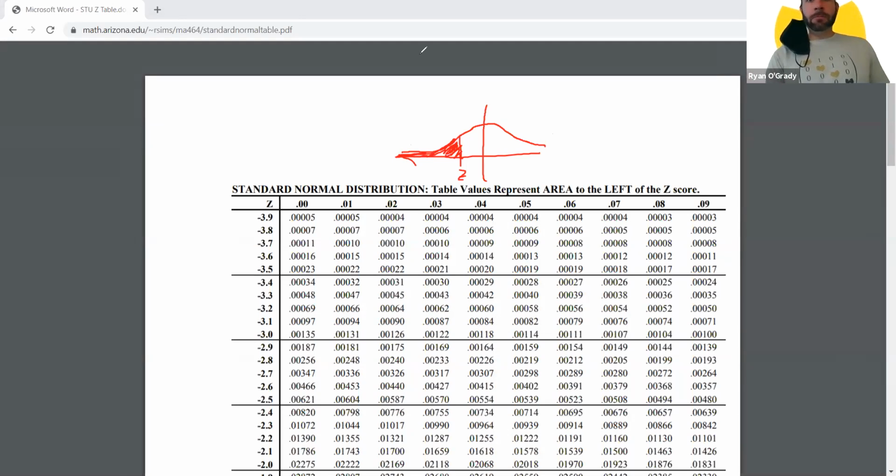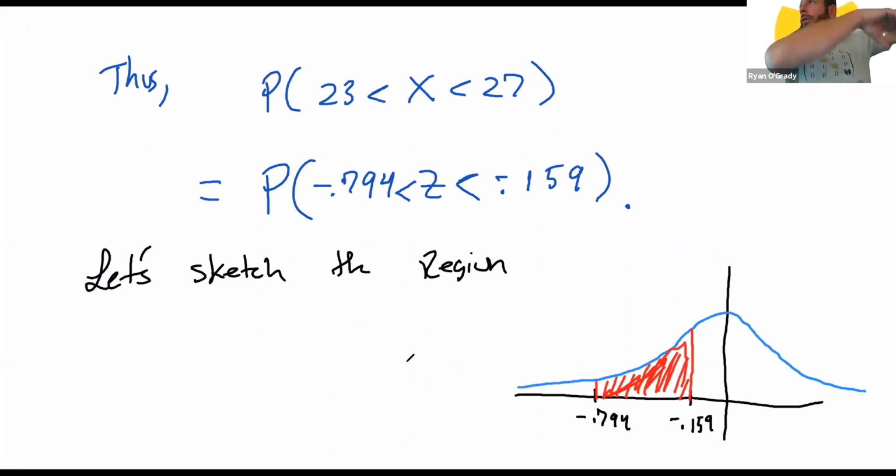Our scenario doesn't go all the way forever and ever. It stops. So we can reason this a few different ways. We can find the probability that you go up to -0.159 and then subtract off the tail piece. That's one way of doing it, right?